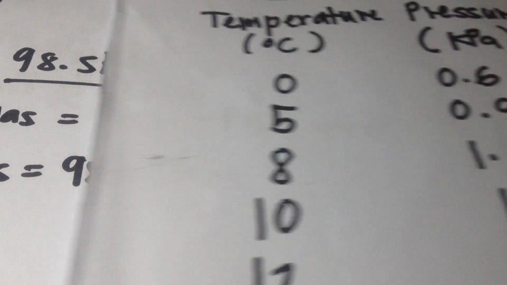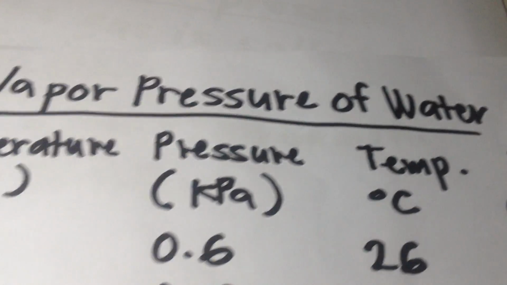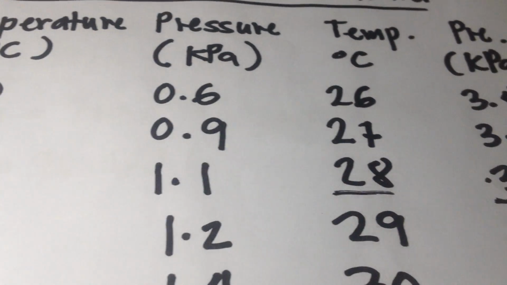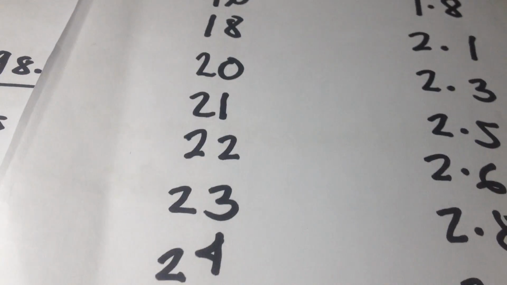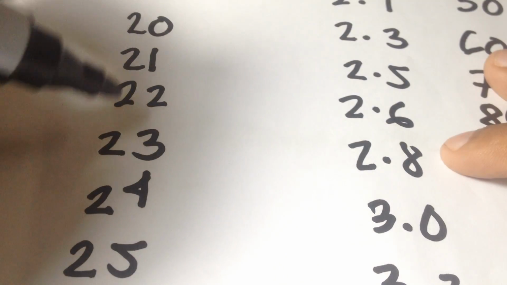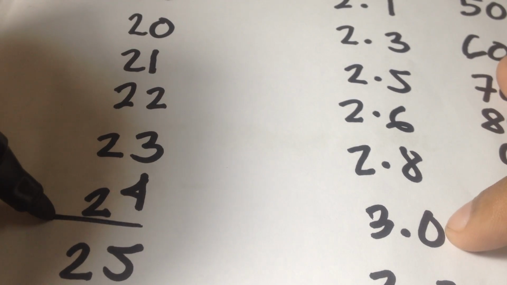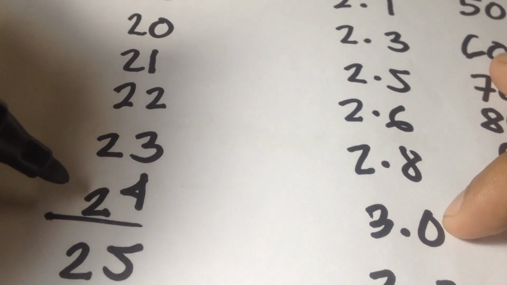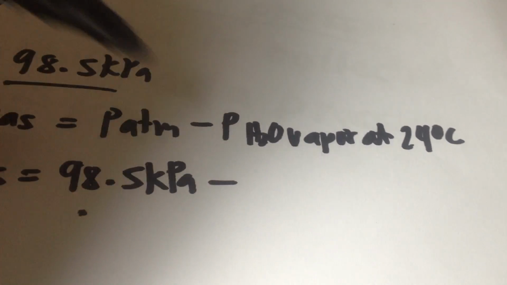So let's find the vapor pressure of water at 24 degrees Celsius. So 24 connects to 3 kilopascal. So minus 3 kilopascal.